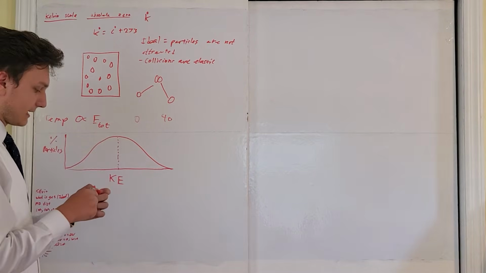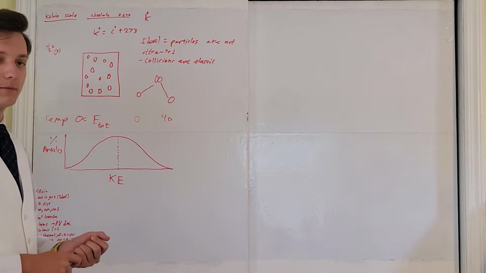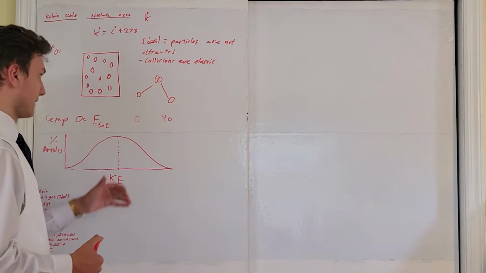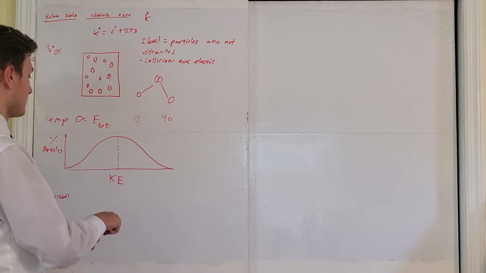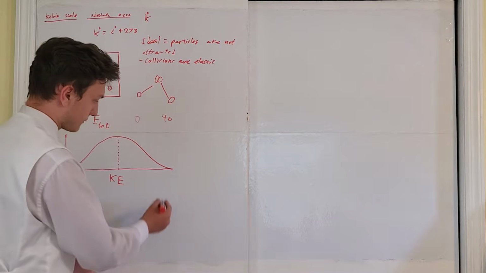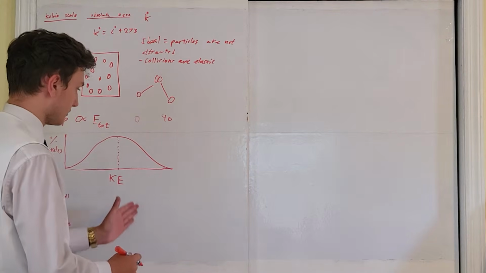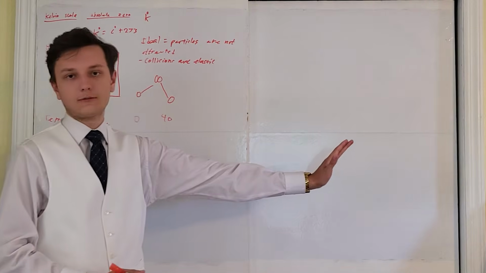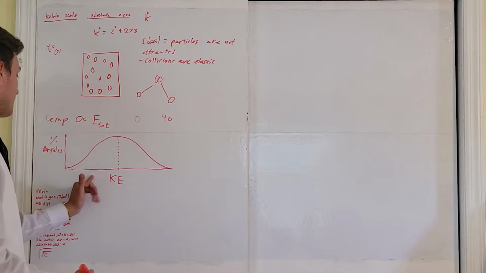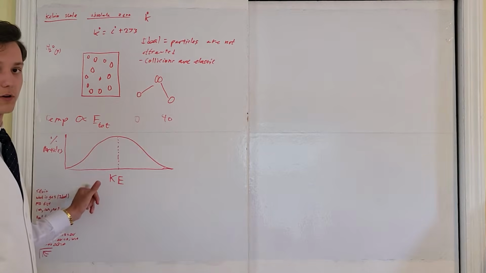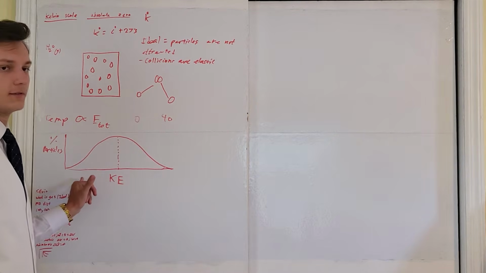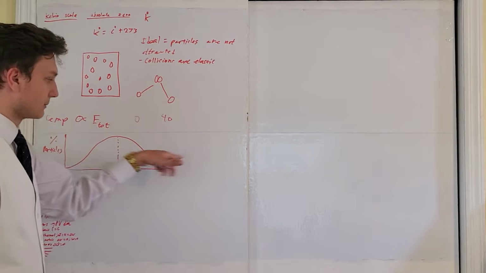The average kinetic energy is the most common, the most frequent kinetic energy in the gas, okay? But at the extremes, you're going to have some small percentage of the particles that are moving exorbitantly faster than all the others, and you're going to have some small percentage of the particles that are moving very, very, very slowly, okay? So it exists on a bell curve.